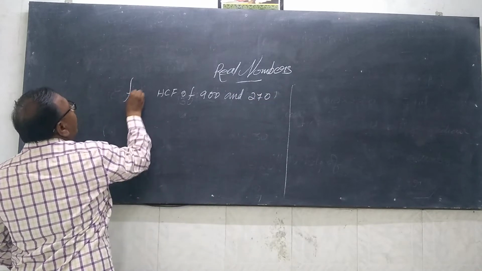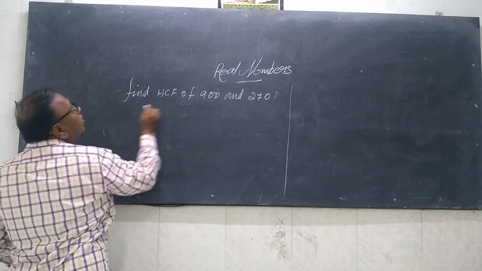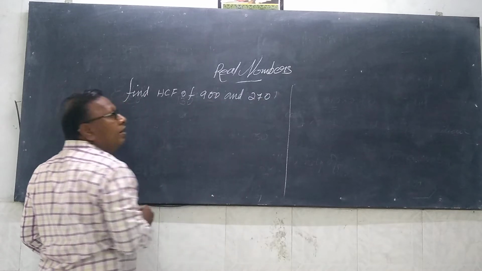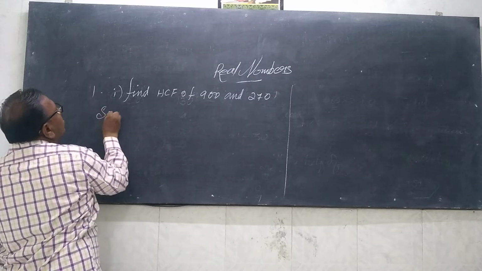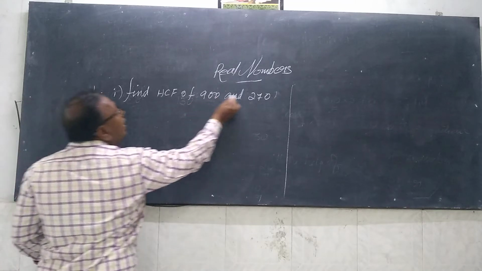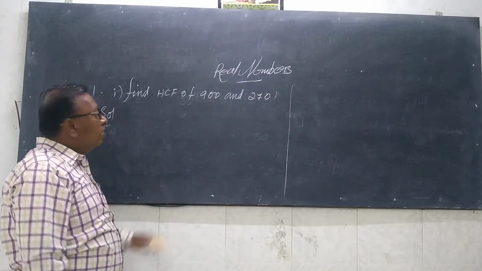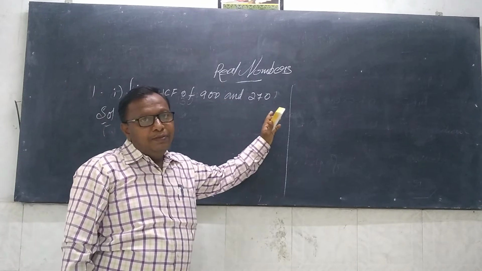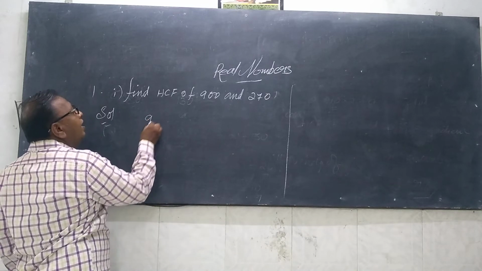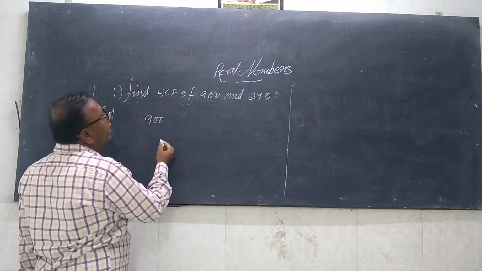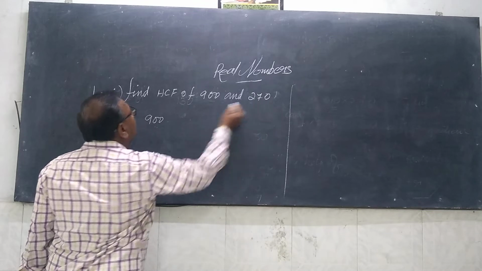Now we'll try to solve this. Among these two numbers, clearly 900 is bigger than 270. So we'll divide 900 with the help of 270.